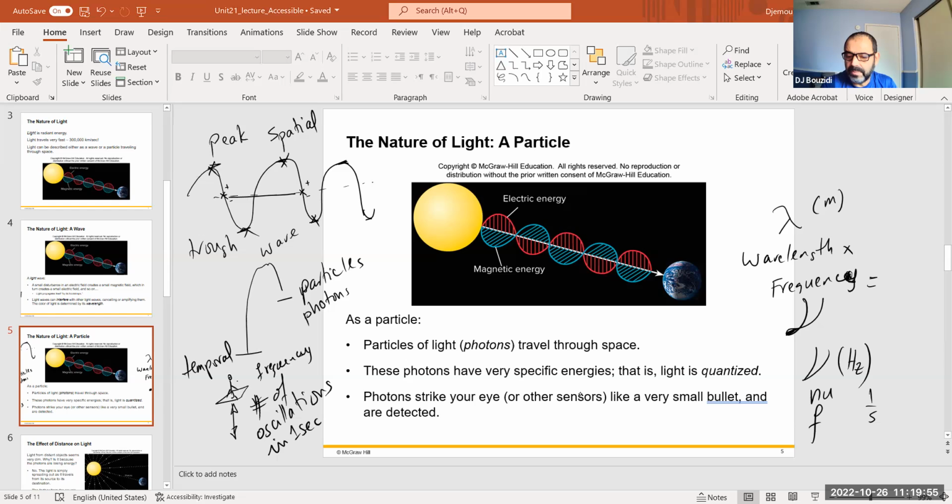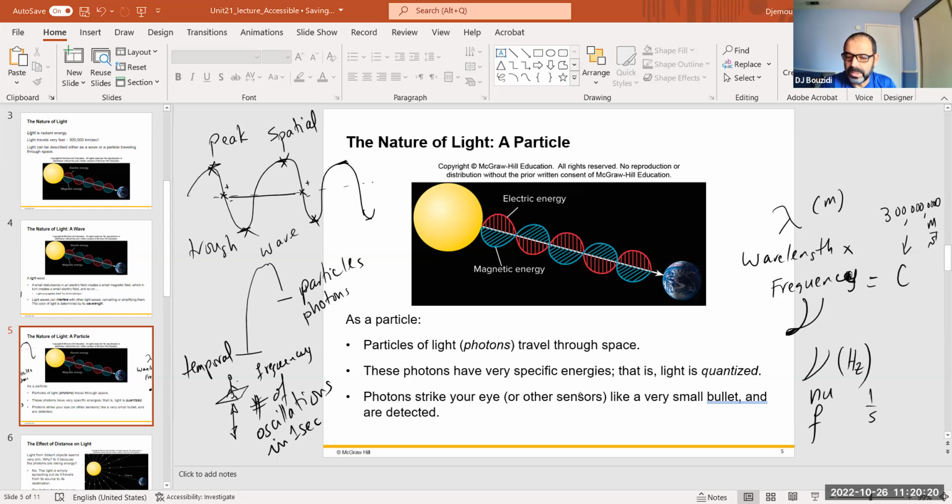So that is the same thing. Now, the product of these two is the speed of light. So this is c, the speed of light. The product of these two is always fixed, a number: 300 million meters per second. When I use these units, a meter and a hertz, which is 1/s, the unit has to be meters per second. The speed of light is not 300,000, because that is 300,000 kilometers per second.